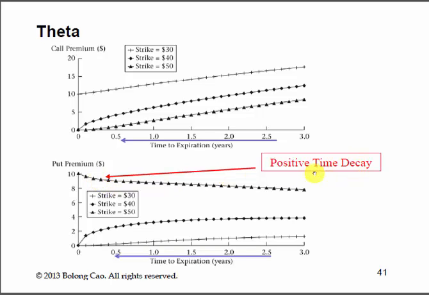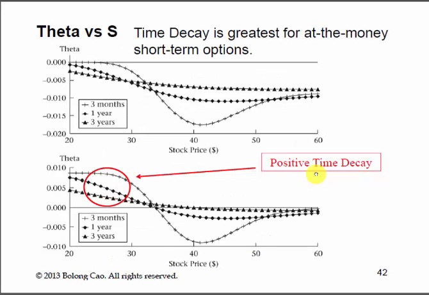So that's actually the positive time decay. Time decay is greatest for at-the-money short-term options. When we look at the time decay, what we are looking at is the negative value. We look at which one gives you more negative value.